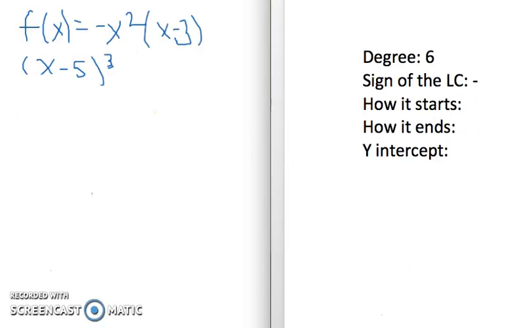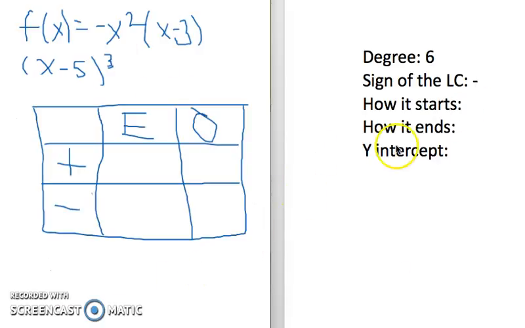And now, how is the graph of our function going to start and how is it going to end? We can find that by using this table chart. If the leading coefficient is positive and the exponent is even, it goes upward.